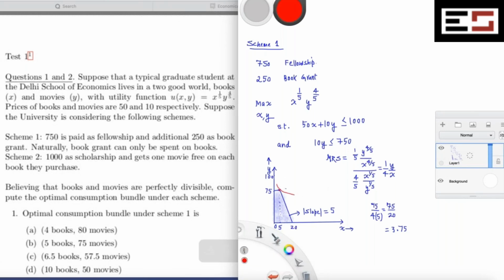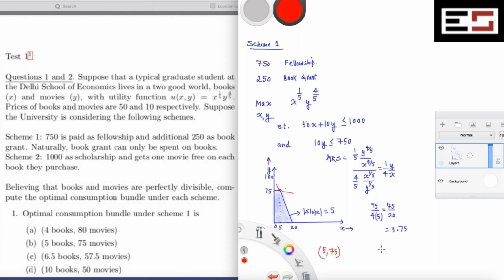It will look like this. If I try and draw the indifference curve over here, it will be flatter like this. Yes or no? Okay, so since it is flatter, that means this is the optimal choice. That means 5 comma 75 is the optimal choice.